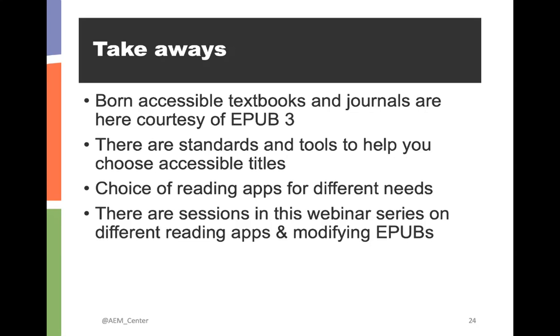And there are standards out there for publishers and tools to help you choose accessible titles, and we'll hope to see more of the exposure of the accessibility metadata on platforms such as library platforms, in addition to the one I showed you of VitalSource. There's a choice of reading apps.